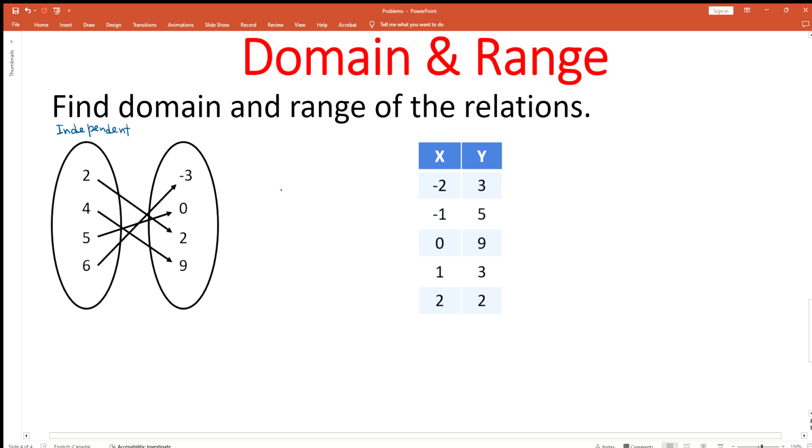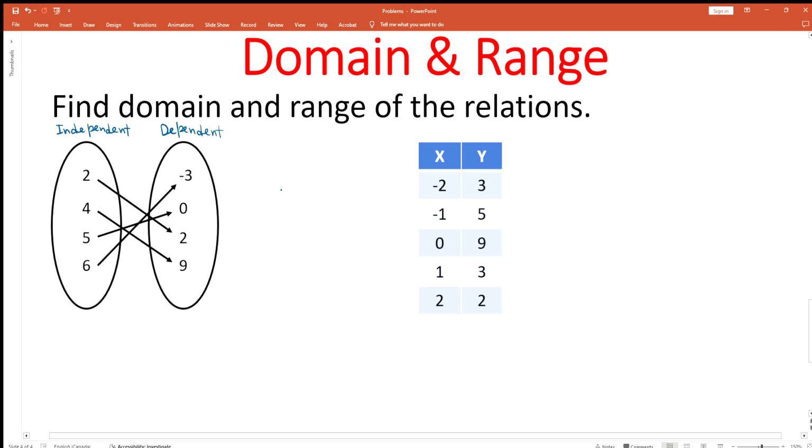And the dependent variable values are in the oval on the right side. So for the independent variable value 2, the dependent variable value is 2. For the independent variable value 4, the dependent variable value is 9, and so on.